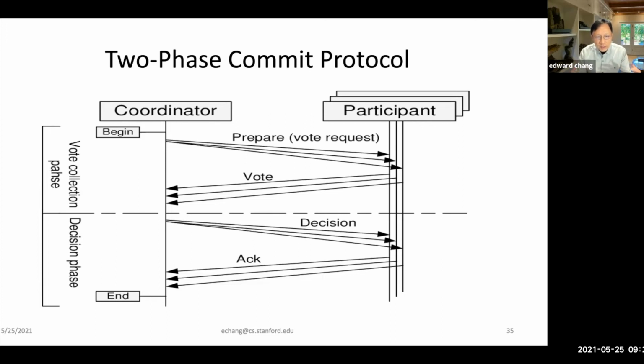In the two-phase commit protocol, you see the overhead is the number of messages going back and forth to reach consensus. If the number of participants is small and you have this kind of centralized system, the cost is linear in the number of participants, right?